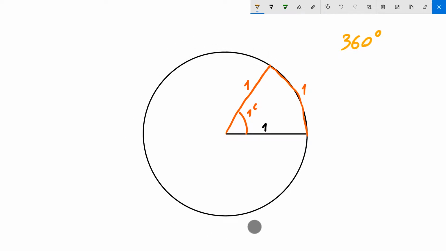If this is 1, where this is 1 here, then we can assume that if we work out the circumference of the unit circle, that'll be a full revolution of the circle in radians. The circumference of a circle is 2 pi r, but we're dealing with the unit circle here, so it becomes 2 pi.